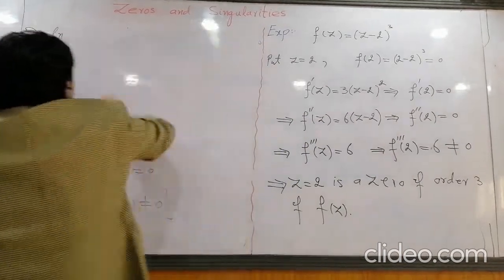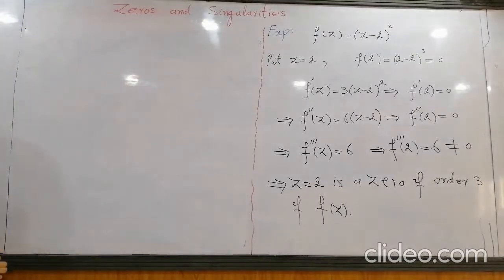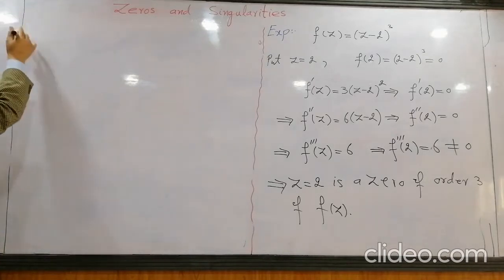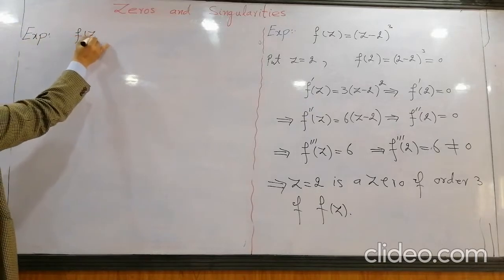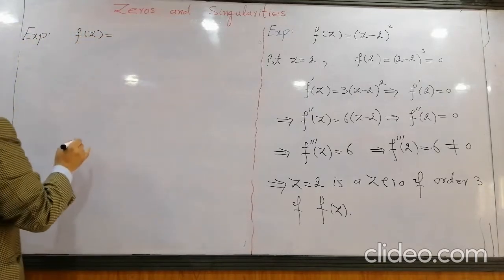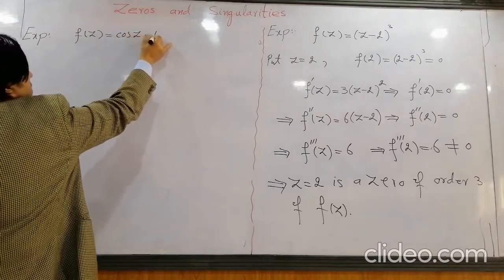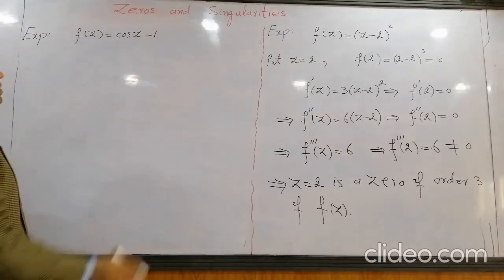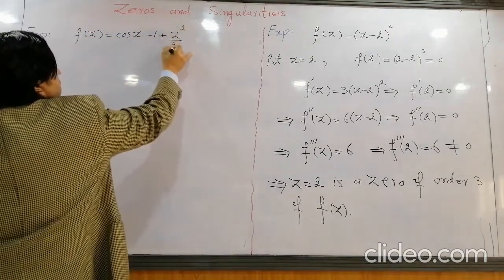Sometimes we are given a function and we have to find its 0. So let us solve another example. The example is, I have a function f of z which is equal to cos z minus 1 plus z square divided by 2.